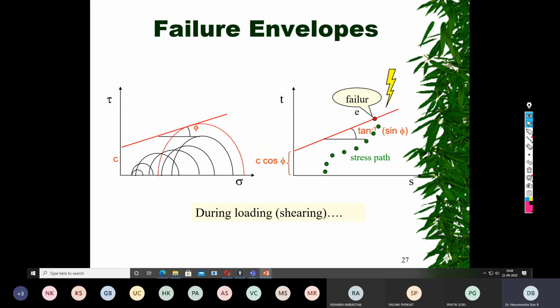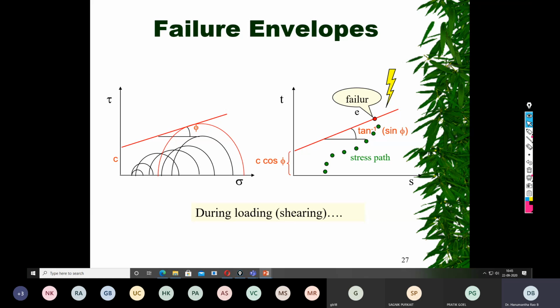Why is it not possible in this case, and why was it possible in the other case? Sigma 3 is constant because it was consolidated. After consolidation, we are applying different deviatoric stresses. But in the other case, the soil was not completely consolidated, so sigma 3 is changing.